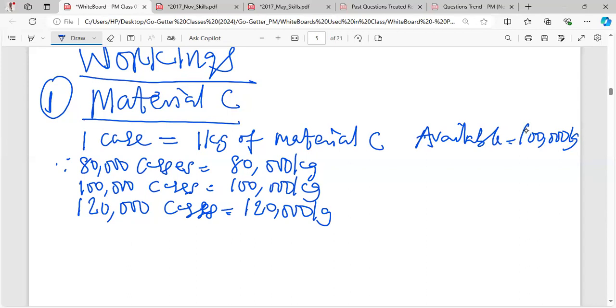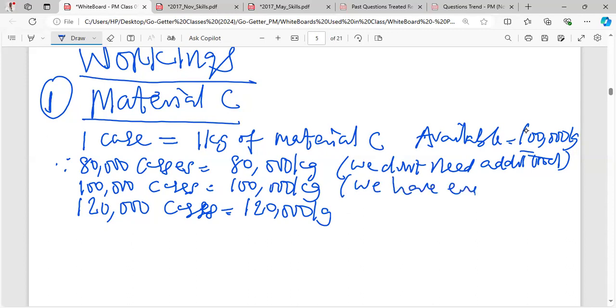Now, we don't need additional because we have 100,000. If we are to go for 80,000, we don't need additional. If we are to go for 100,000, we have enough. If we are to go for 120, we need 20,000 kg more.